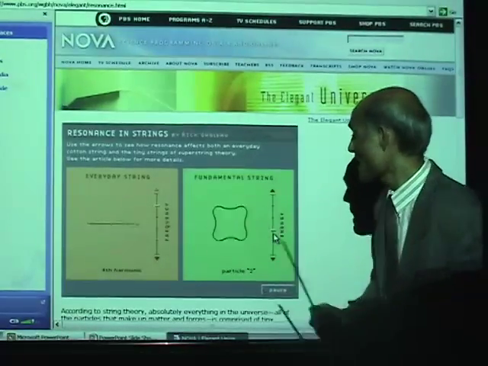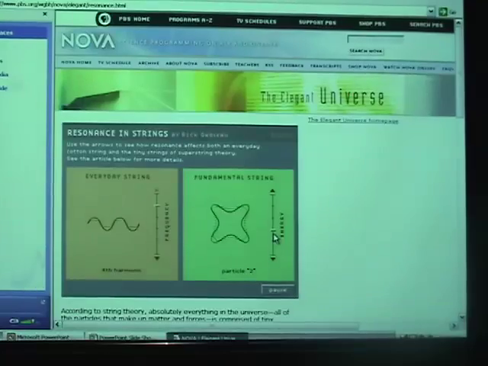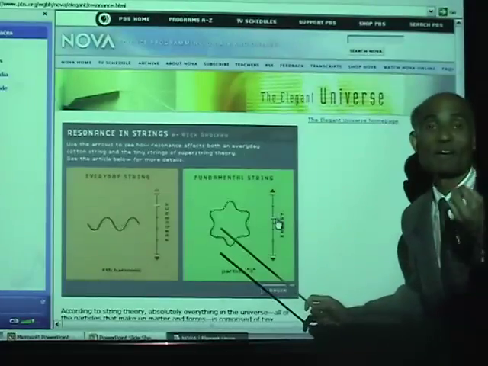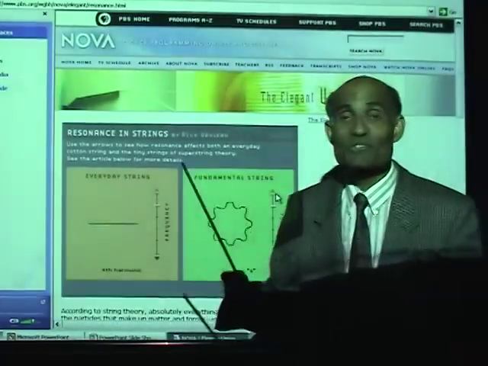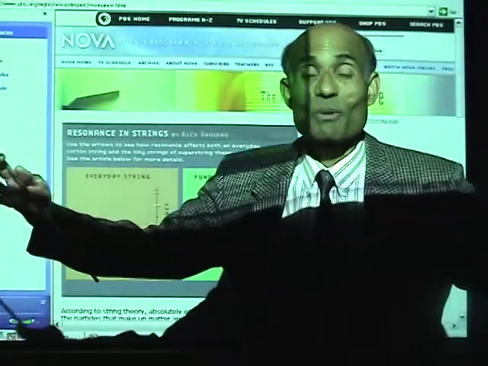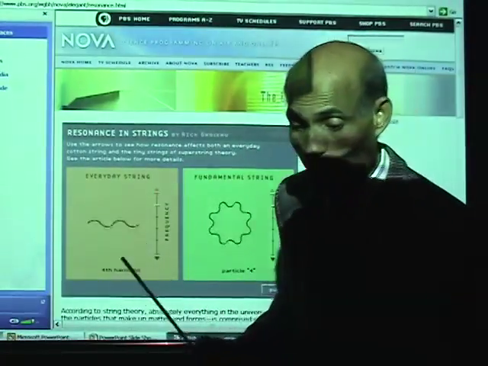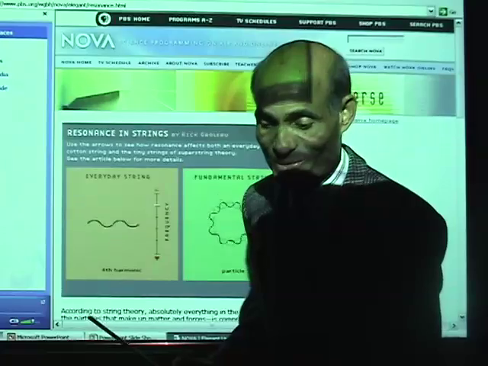The energy of vibration here is double the energy of the fundamental that you have seen. What happens if I now increase the energy further? Well, the mode is now different. You have yet another particle. Let's increase the energy again. You have yet another particle, and again. You see how string theory basically explains the existence of all these fundamental particles.